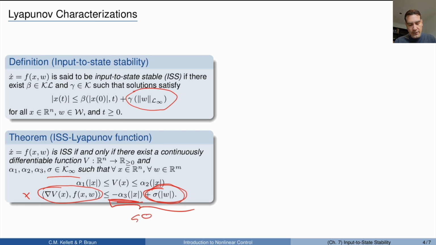However, if the second term dominates in terms of sigma of w being large, then this second term here can be larger than 0, meaning once we've reached a neighborhood around the origin, then we don't know how the solution evolves.